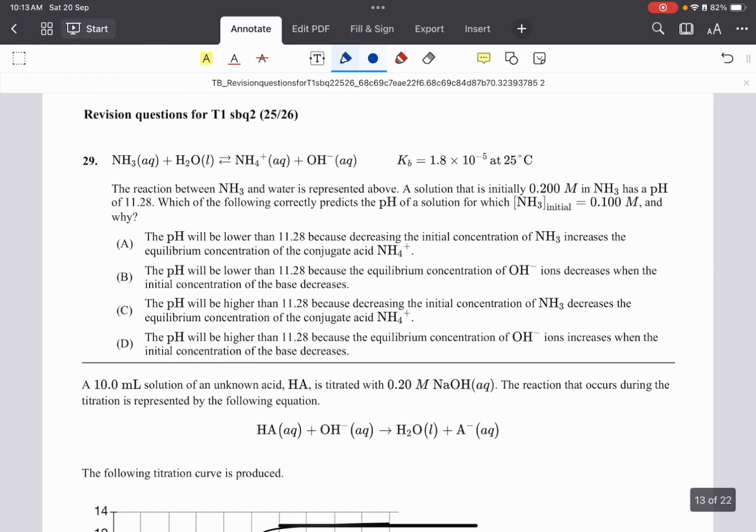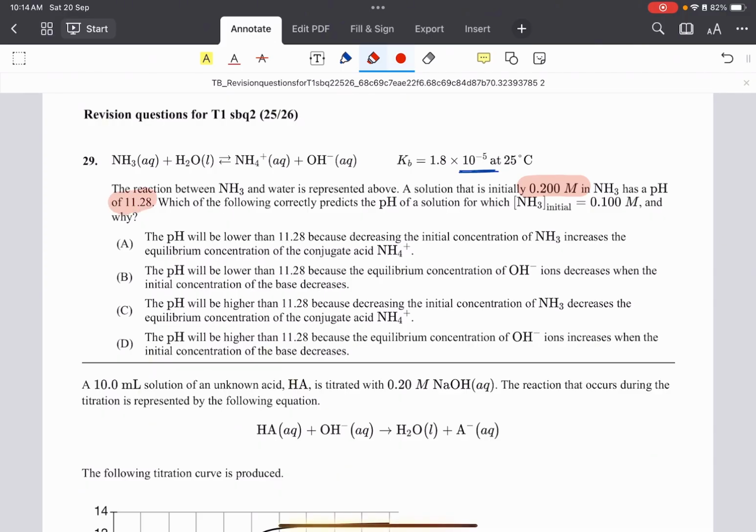So ammonia, it's a weak base. Here's the conjugate, here's the Kb. Here's the weak ionization. This reaction between ammonia and water is represented above. A solution that is initially 0.2 molar in NH3 has a pH of 11.